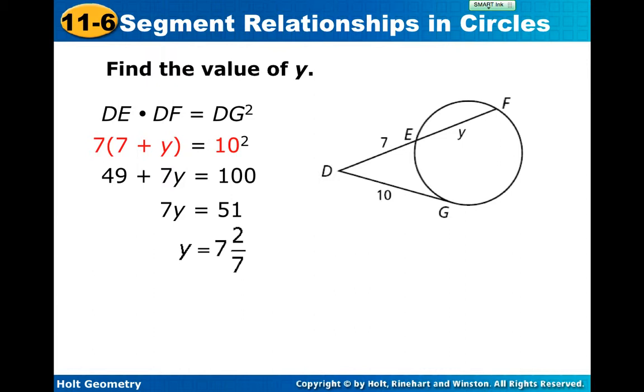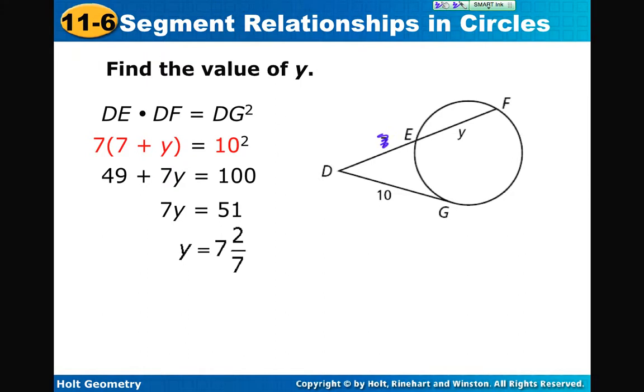Now, I'm just going to make a revision to this one and let you think about how it would be. What if the y is here and the 7 is here? How would that change the setup? What would you be multiplying? Y times y plus 7 equals 10 squared. Y squared plus 7y equals 100.